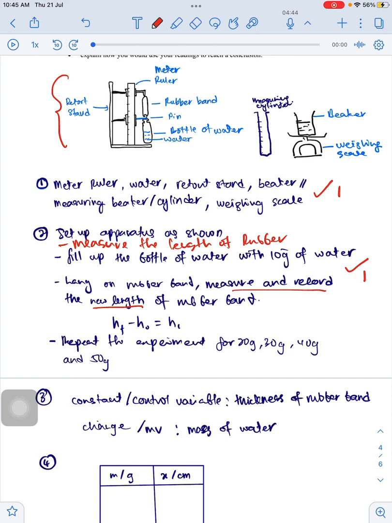And then additional information: if you state how to measure the extension of the rubber band, this one is the additional mark. Additional 1 mark. And then repeat for 5 sets, another 1 mark. This additional 1 mark is given if you did not complete the 7 marks.